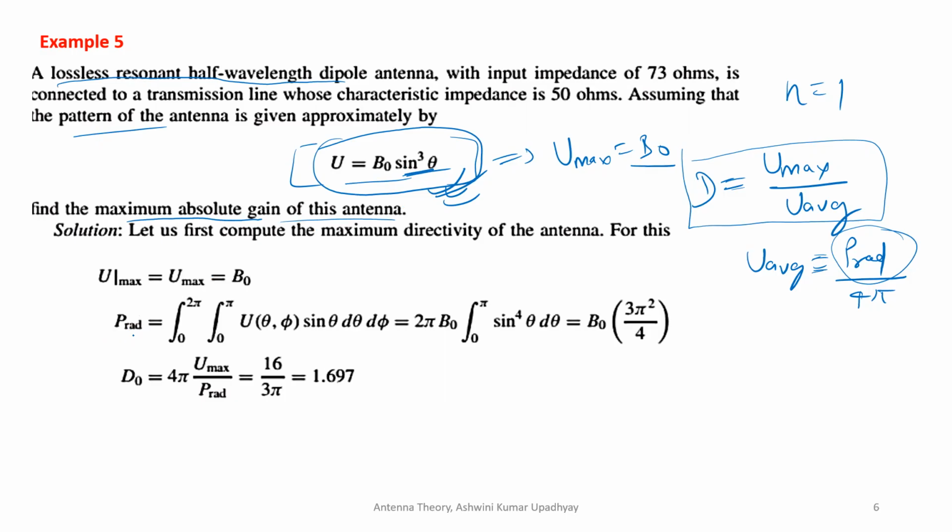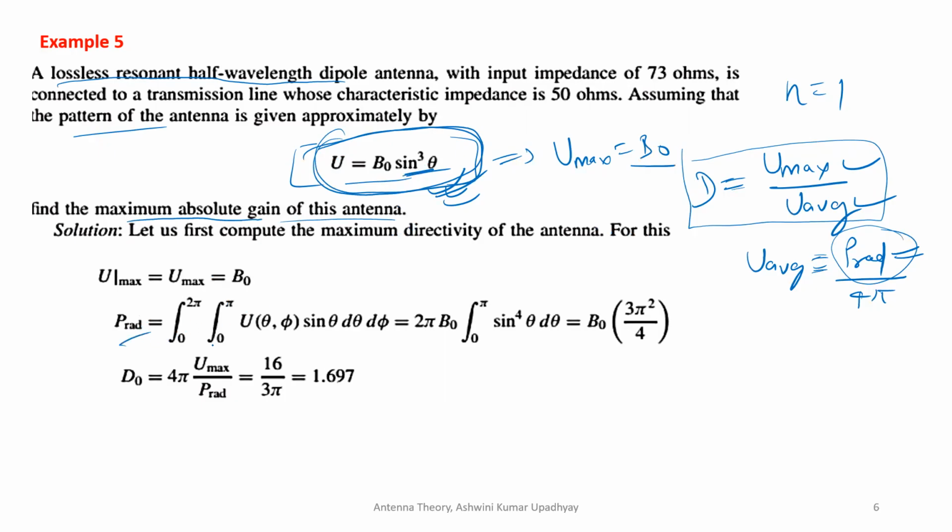Now we have the U max. Now we have to calculate U average. So for calculating U average, we have to calculate the total power radiated from the antenna, which can only be calculated by integrating it over the whole surface of the spherical space.